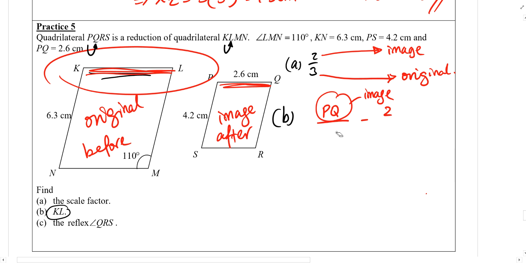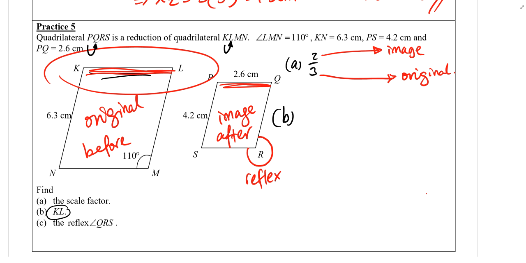And finally for part C, reflex QRS. Where is the reflex QRS? Is it outside or inside the parallelogram? Outside. This is the reflex angle. Does that answer your question for part C? Okay. I believe you had obtained 110 degrees.